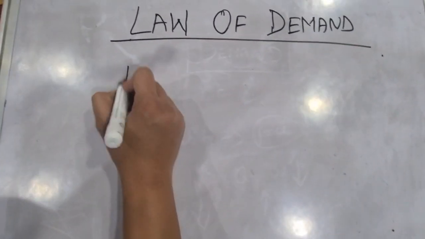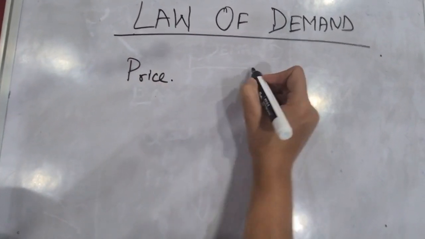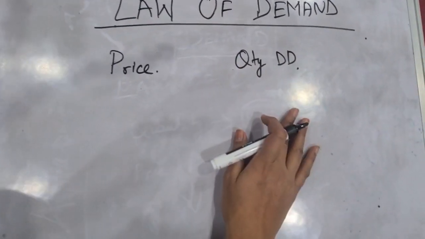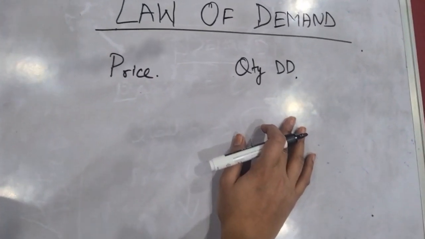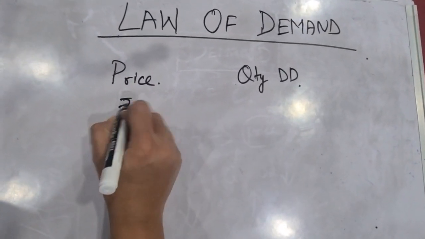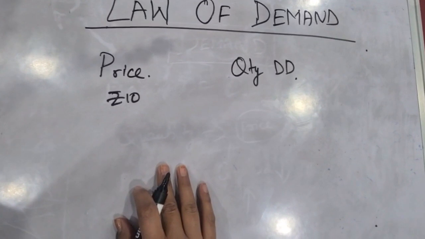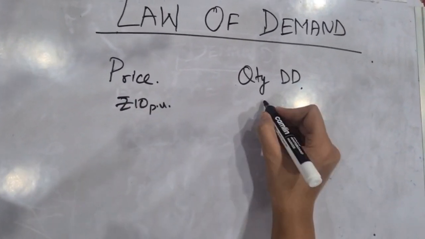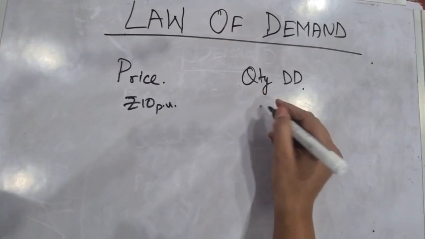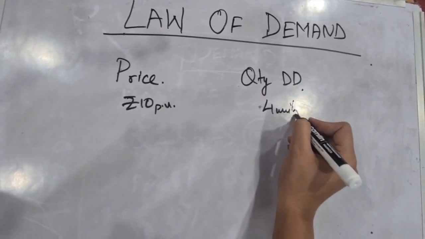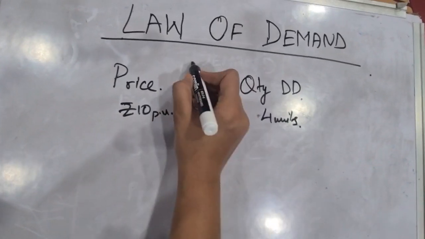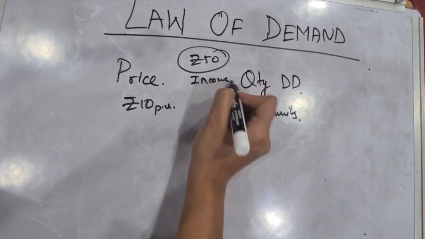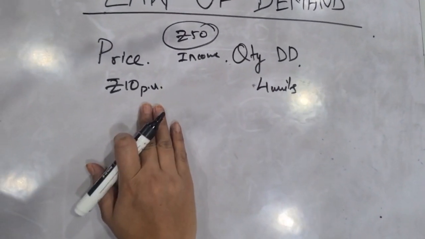So the price is given here and the quantity demanded is written here. Now say the price of one good is rupees 10 and the quantity demanded at this price is 4 units. You have rupees 50 as your income. You are buying 4 units at rupees 10 per unit.